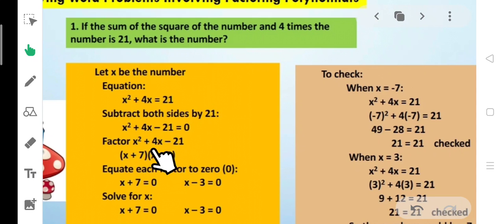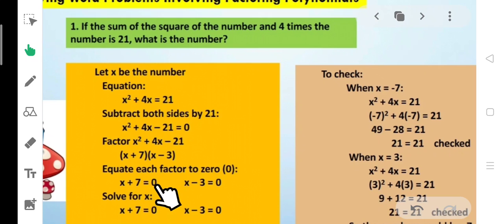So we're going to factor the trinomial. The factors of x squared are x and x. Then the factors of negative 21 are 7 and negative 3, because 7 plus negative 3 is 4, and 7 times negative 3 is negative 21.